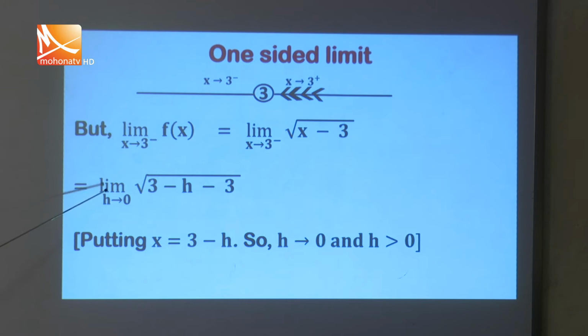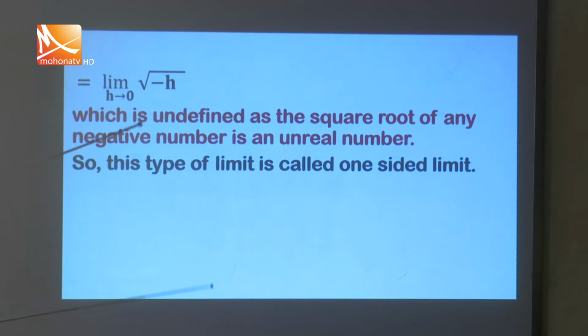Then the limit will be limit h tends to 0 square root of 3 minus h minus 3. This plus 3 and minus 3 will cancel. So we get limit h tends to 0 square root of minus h. You just see that in the square root of minus h, h is a positive quantity.